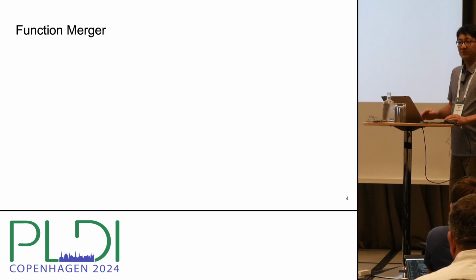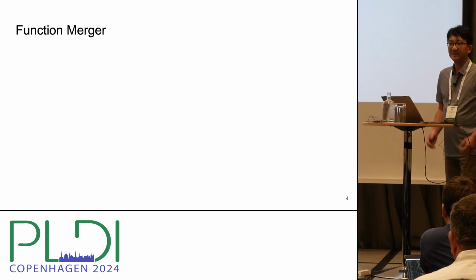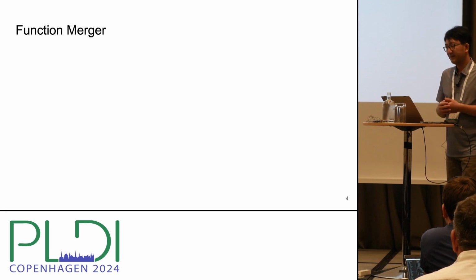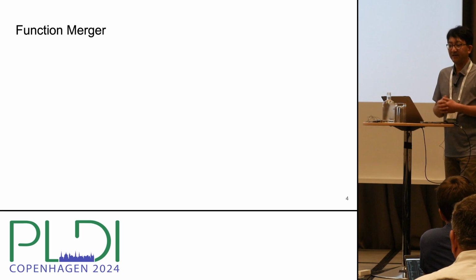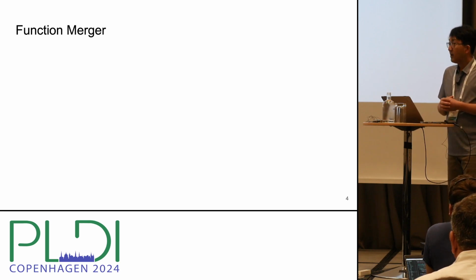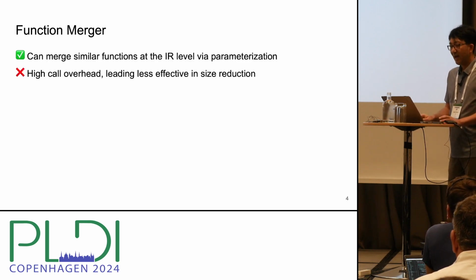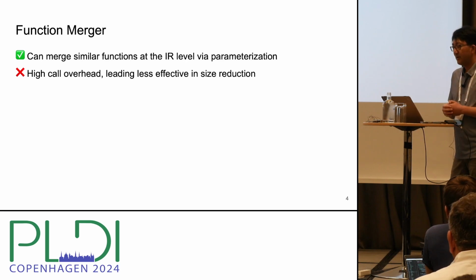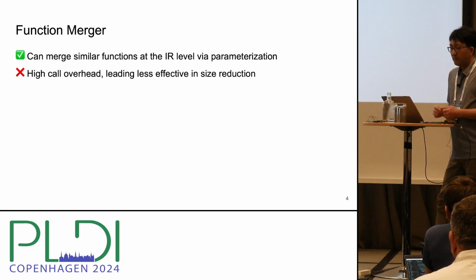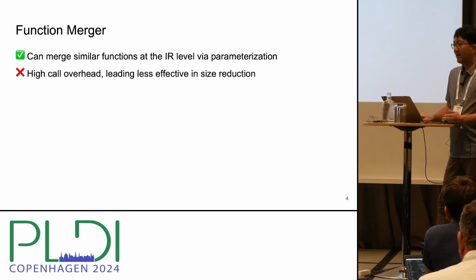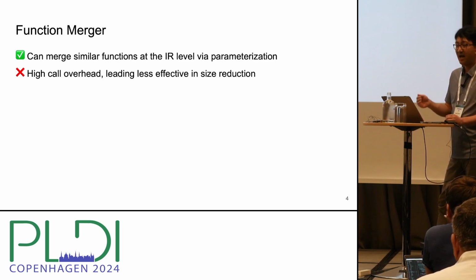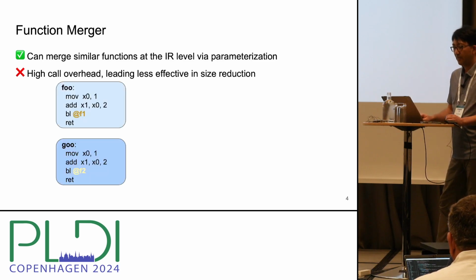Unlike the function outliner, a function merger works on entire functions rather than specific code sequences. A function merger can also handle similar functions by parameterizing differences. Function merger is implemented at the IR level, so the call overhead tends to be high because it needs to abide by the calling convention.